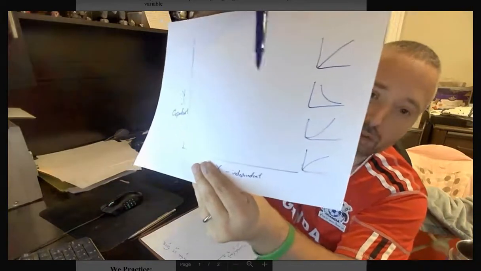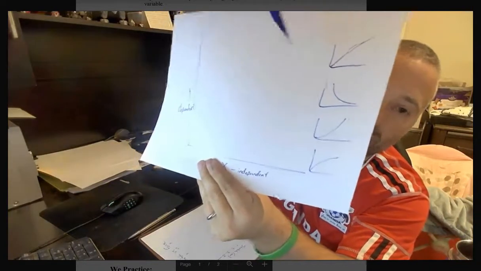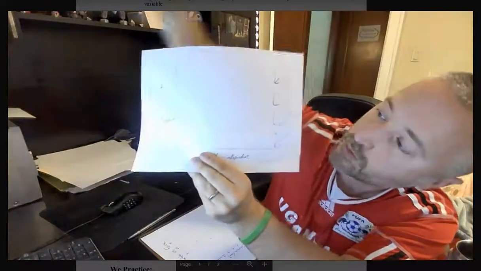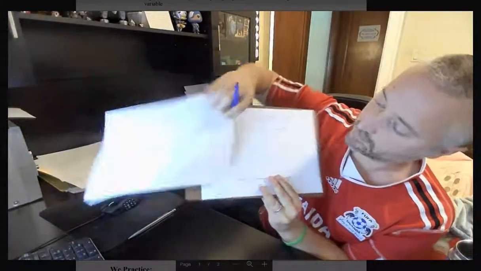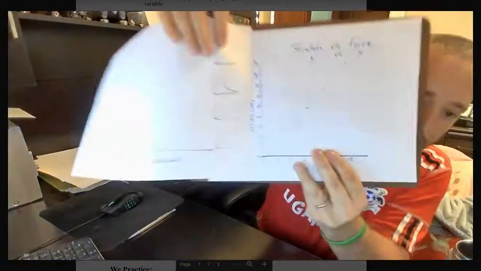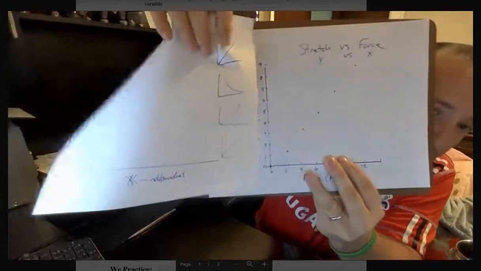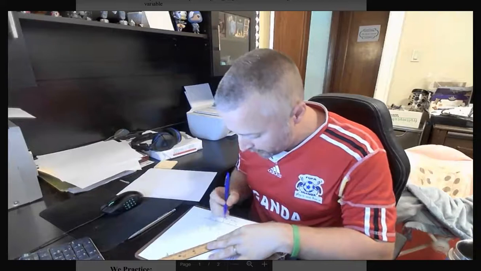So what you do is you look at your data and you see which one of these 4 it looks the most like. In our case, I would say that probably looks most like the straight line. If it's a straight line, you're going to take your ruler and put it down here on the page.